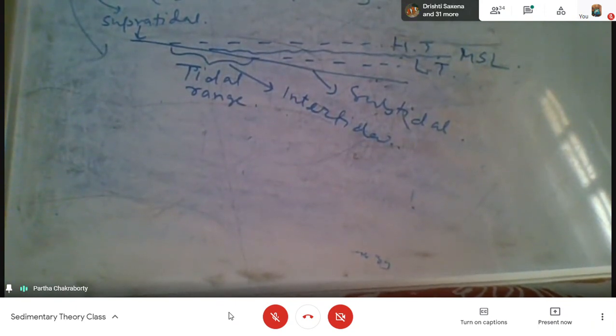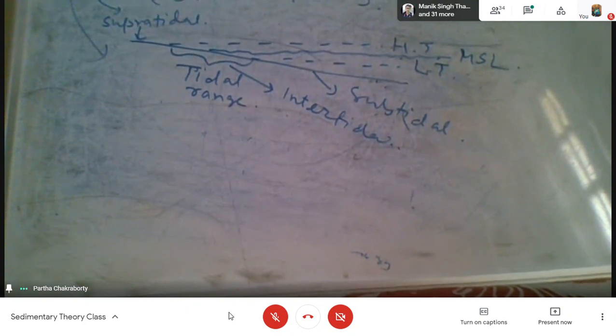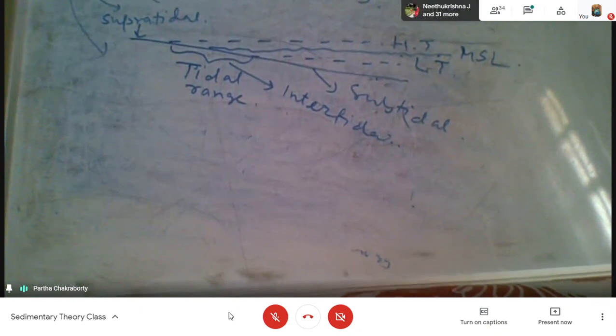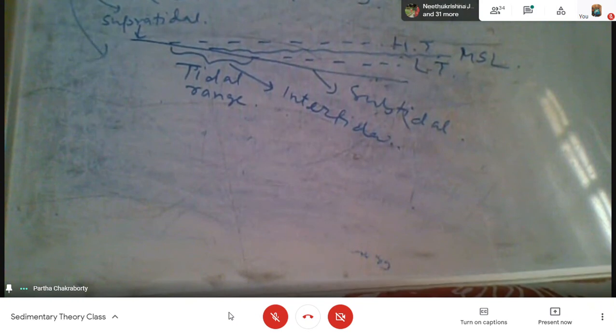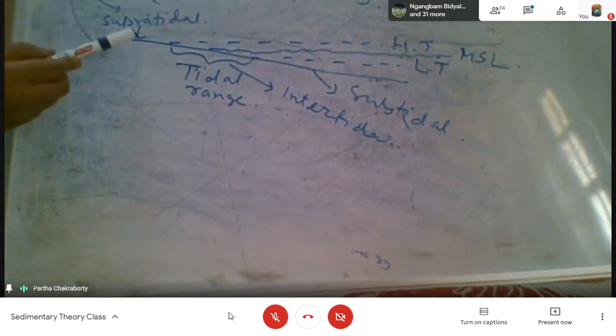It only gets flooded when you have an extreme high tide, such as a spring tide, or you have a flood, or a high energy event such as a storm.